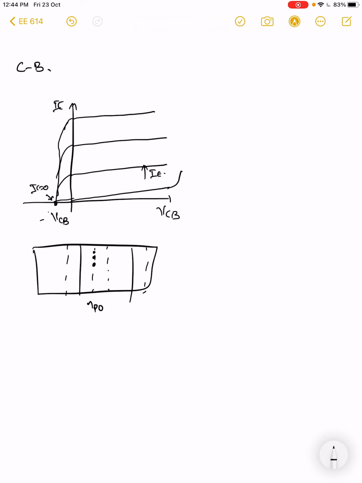you are now forward biasing the base collector junction as well. So you have electron injection on this side also, right? So you start increasing the injection from the collector side.